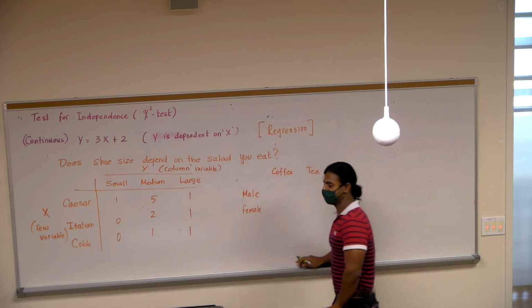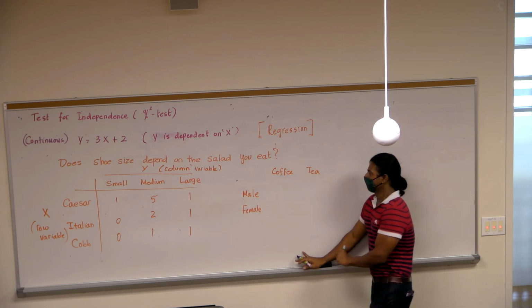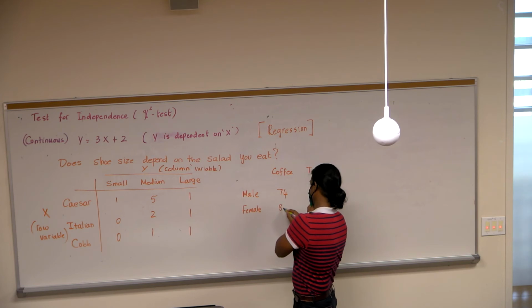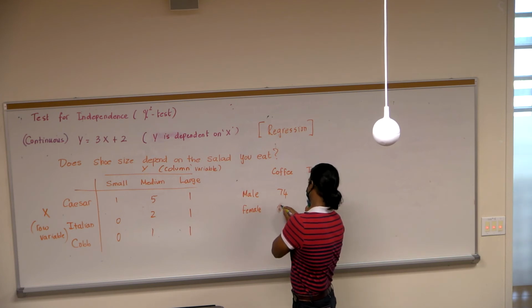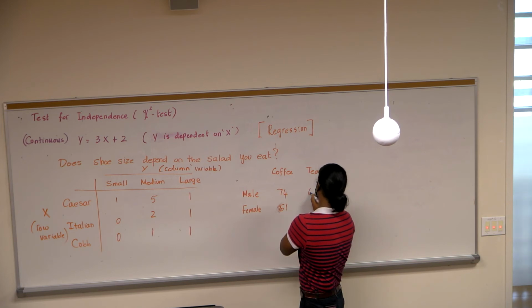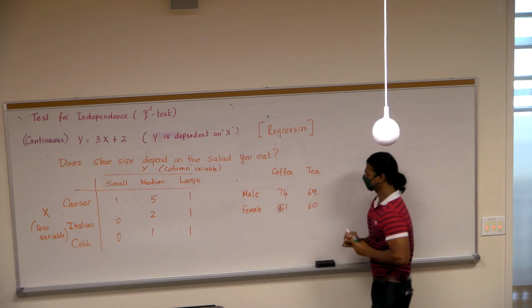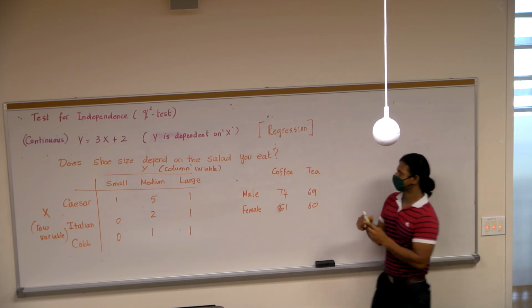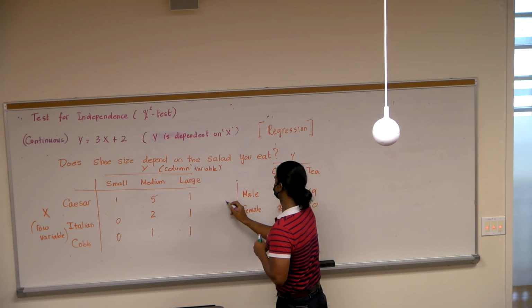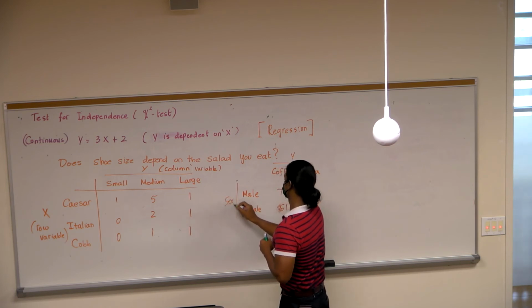This is another case. I'll just make this up. Okay, so the Y variable, type of beverage, gender, or sex.